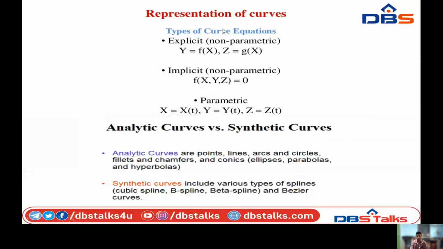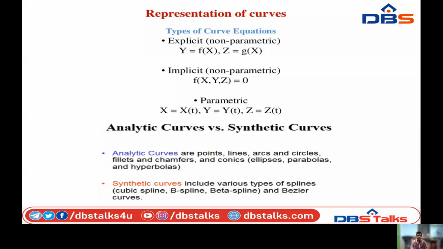First one is representation of curves and the difference between parametric and non-parametric. Okay. Coming to explicit and implicit, these are two classifications belonging to non-parametric equations. When coming to the explicit equation, the representation will be y equal to f of x.